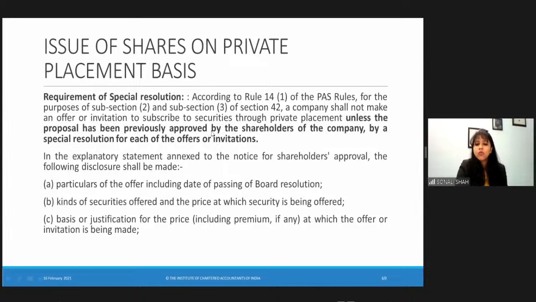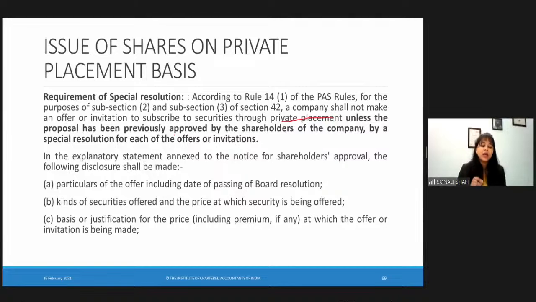So when you look at Rule 14(1), it says that a company shall not make an offer or invitation to subscribe to securities through private placement unless the proposal has been previously approved by the shareholders of the company by a special resolution for each of the offers or invitations.